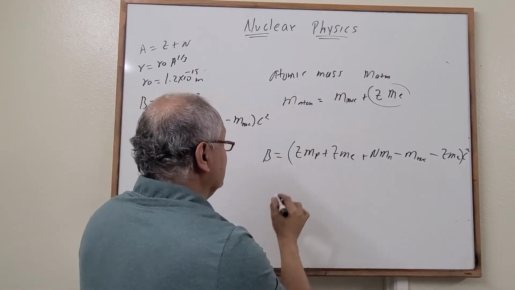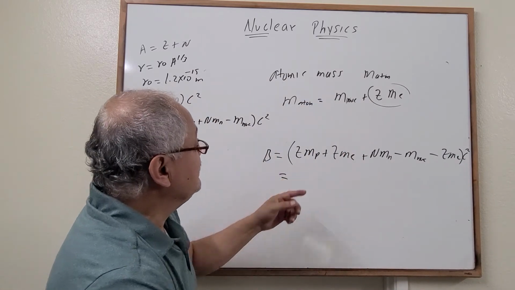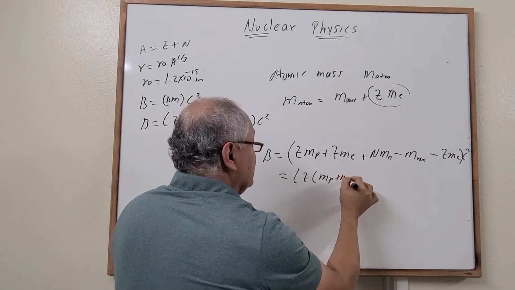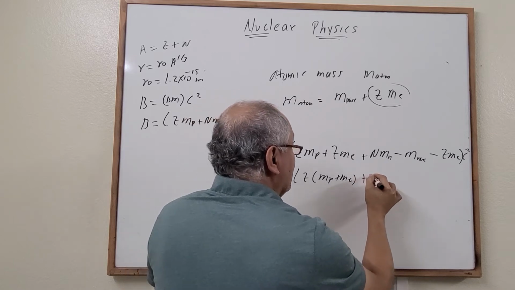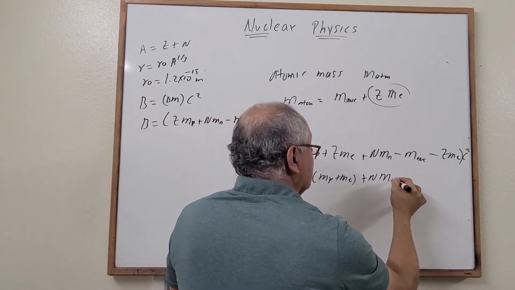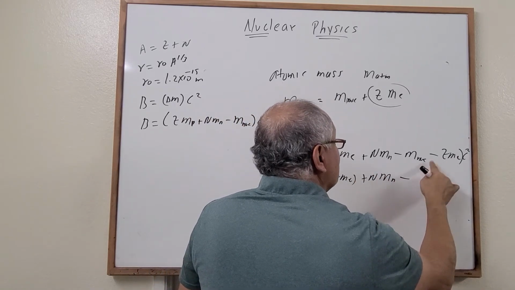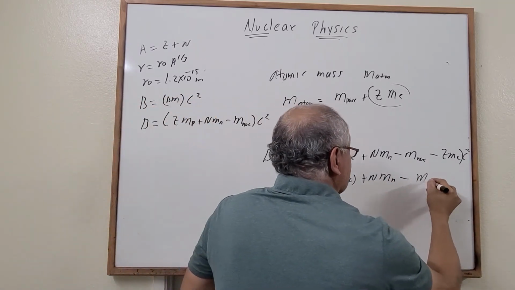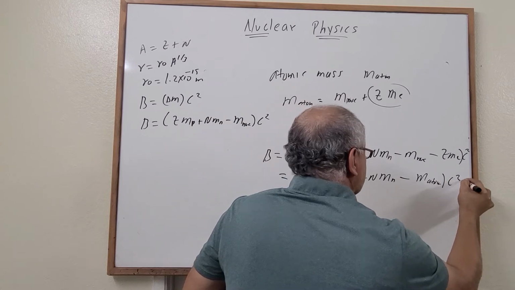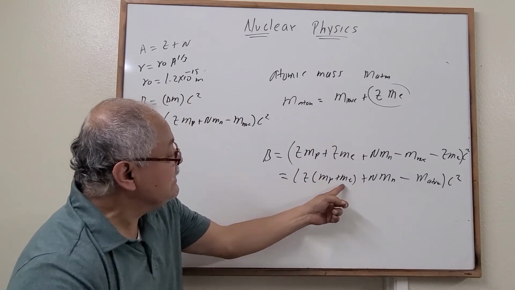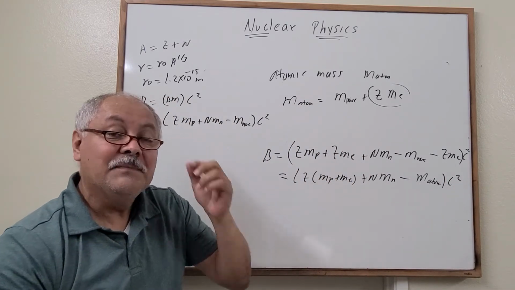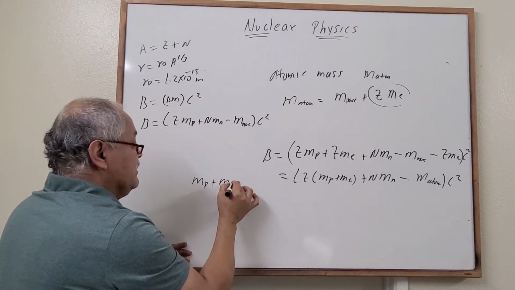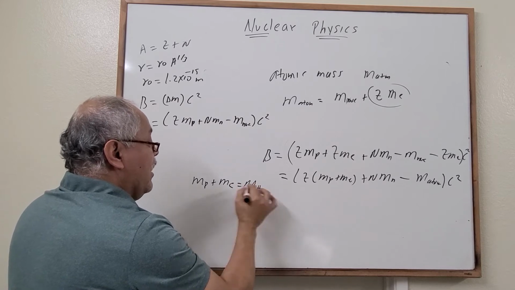Correct? Perfect. And what is this? This is Z times the mass of the proton plus the mass of the electron, plus N times the mass of the neutron, minus now the mass of the atom, times c squared. What is this? The mass of the proton plus the mass of the electron is equal to the mass of hydrogen.